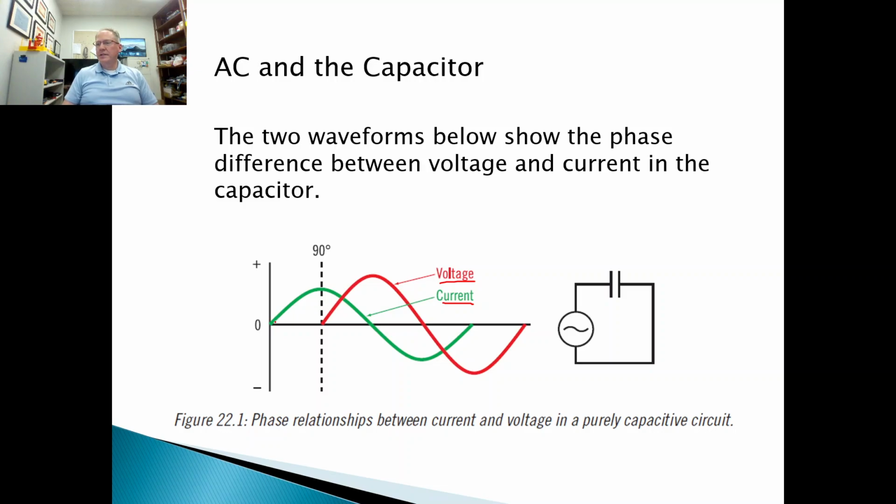So notice the voltage is 90 degrees behind the current. So the current starts here, and then 90 degrees later the voltage starts. So in a purely capacitive circuit, the voltage is lagging behind the current.